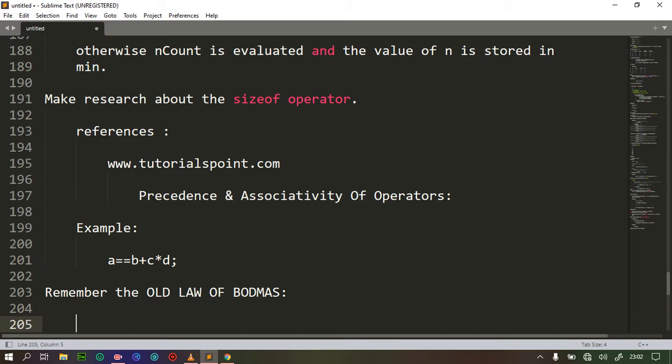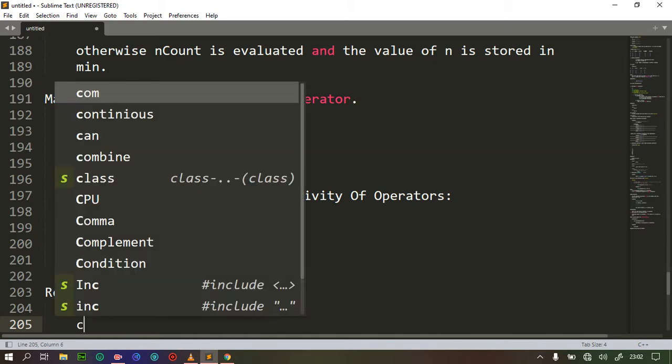I think now someone is nodding their head saying, okay, this is what you're referring to. But of course we are in programming, so we should try to speak programming and understand things in a programming way. That is why I'm saying remember the old law of BODMAS. So what does it mean?